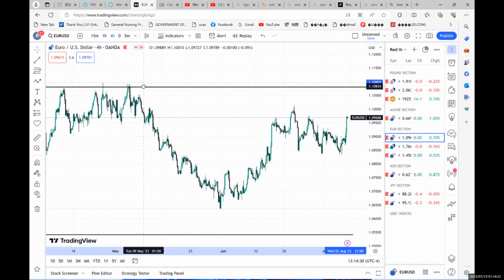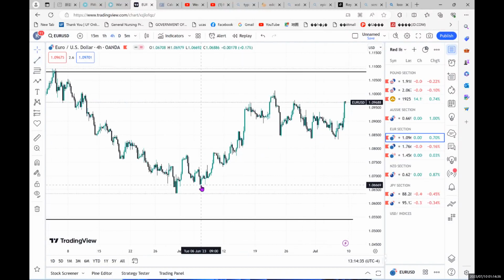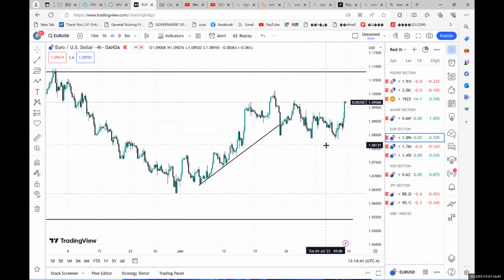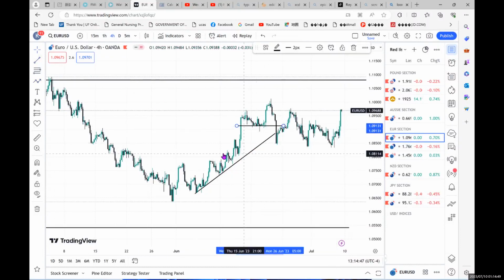Let's adjust this. And we had a nice bullish trend up into this area. Price broke this level here. This high low, high low, high low, high.